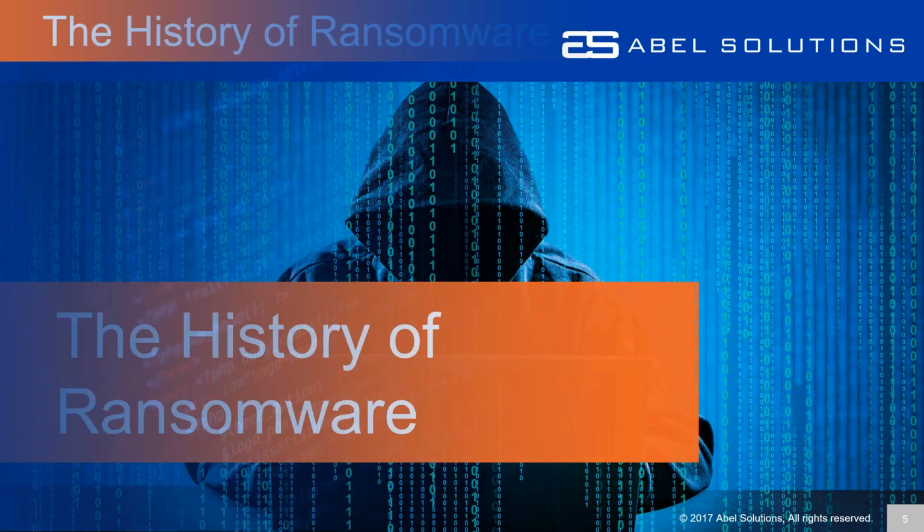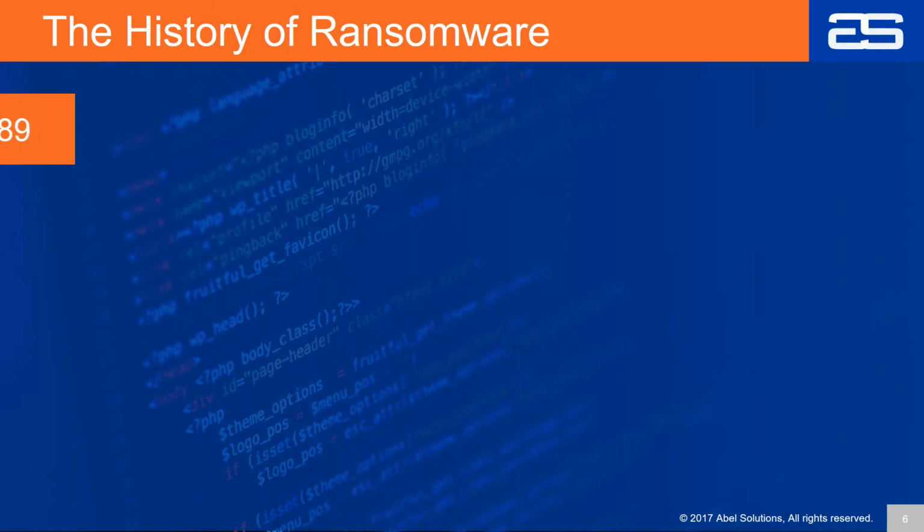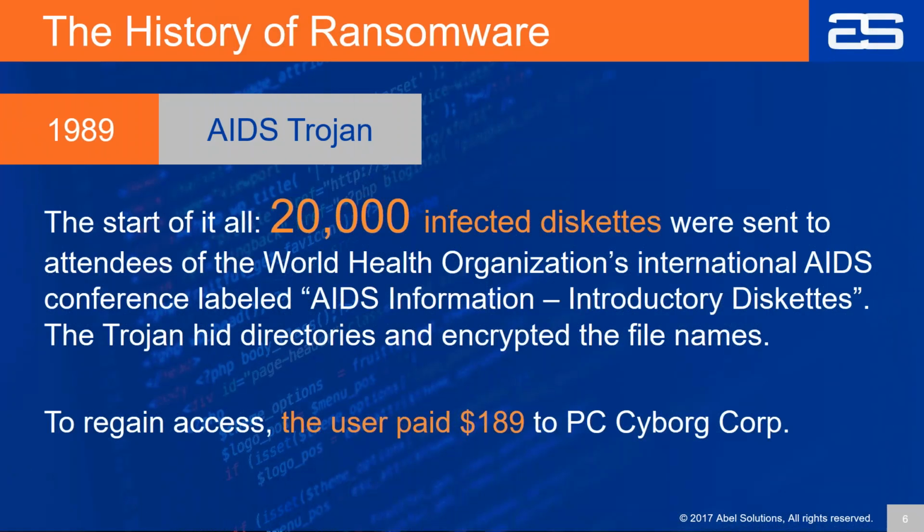The history of ransomware. The first known type of ransomware happened in 1989 and was known as the AIDS Trojan, also known as PC Cyborg. A Harvard-trained evolutionary biologist, Joseph L. Popp, had sent out 20,000 infected diskettes labeled AIDS Information Introductory Diskettes to attendees of the World Health Organization's International AIDS Conference.